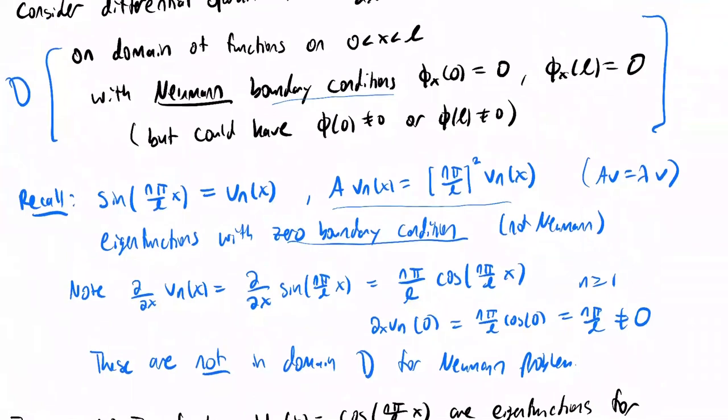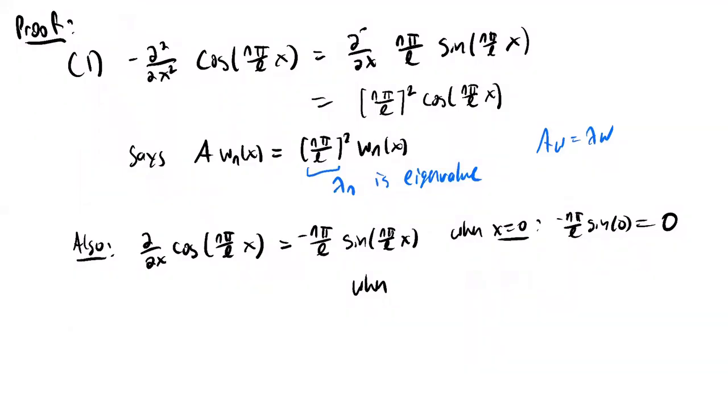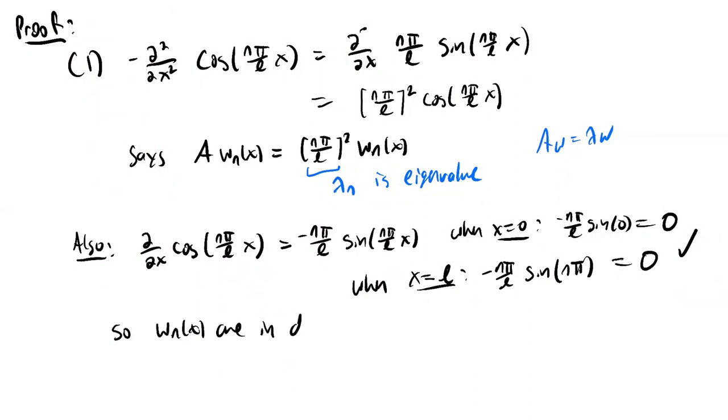We also want 0 derivative when x is equal to L. When x is equal to L, we get negative n pi over L, and then sine of n pi over L times L, so the L's cancel and I get sine of n pi. Sine of n pi is always 0, since the sine of any integer multiple of pi is 0, so that's also 0. And so these are in the domain.